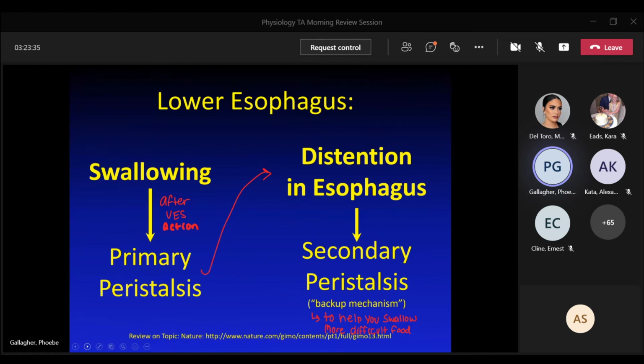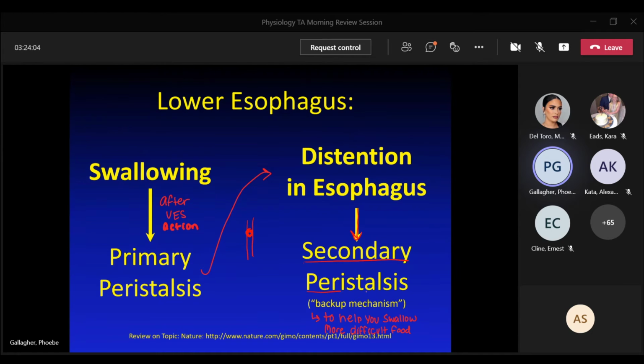Okay, so in your lower esophagus, after you swallow, you're going to have primary peristalsis, which moves food down. If there is still distension in your esophagus, meaning you have a little bit of food left after primary peristalsis, it's going to trigger secondary peristalsis, because it tells your esophagus that you haven't swallowed all of your food properly since there's still some stuck in there.